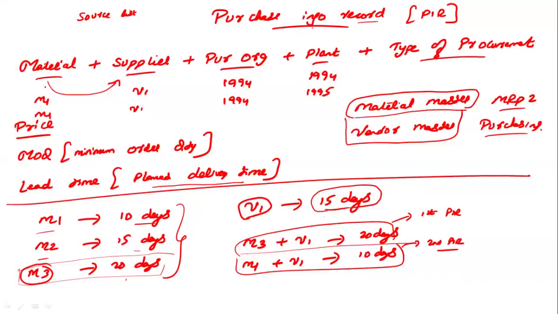Is it from material master or from vendor master? Not from material or vendor, it is taken from the vendor confirmation. Okay. Normally, we prefer the material master, but we also need to check with the vendor whether the values in the material master are right or not. Okay, thank you.